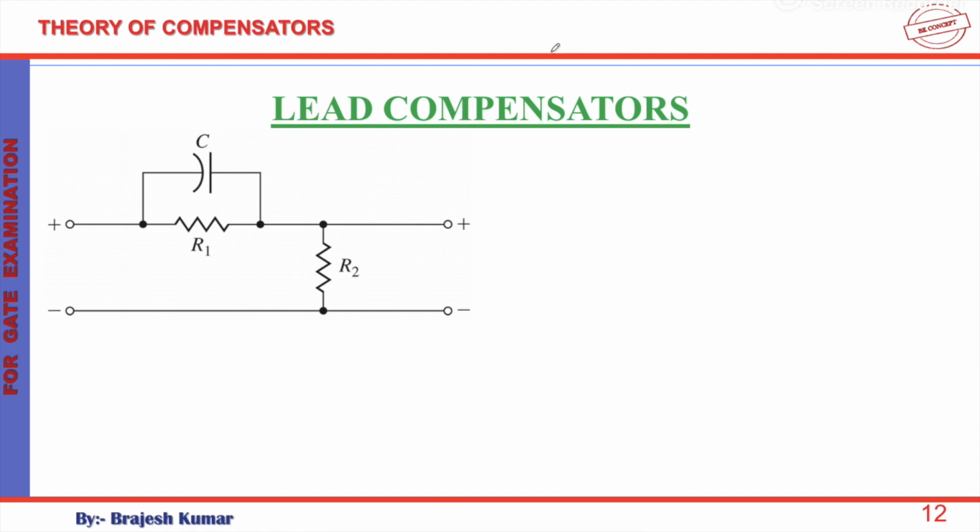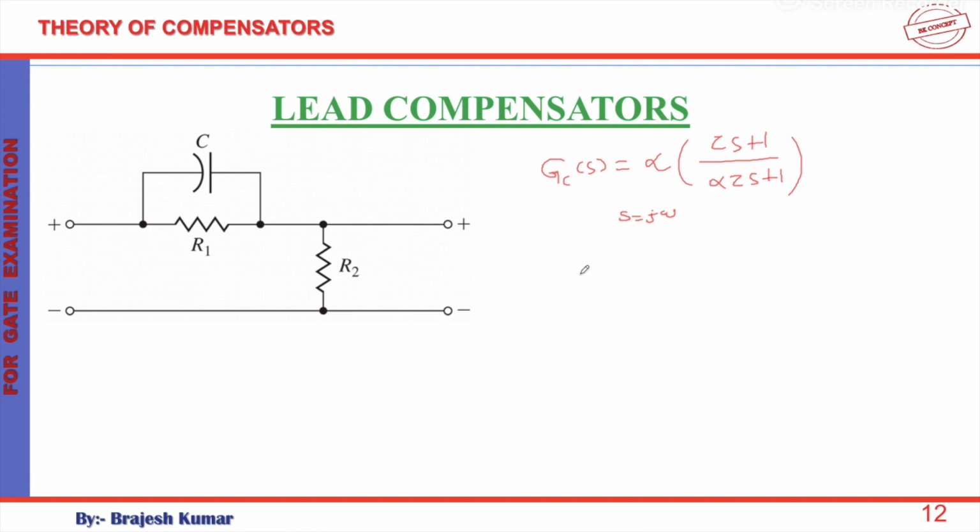Now we had the general transfer function rearranged like alpha multiplied by tau s plus 1 divided by alpha tau s plus 1. This was the general transfer function for a lead network. And now we want to consider the sinusoidal transfer function. You know how to do that: you put s equal to j omega in the transfer function.